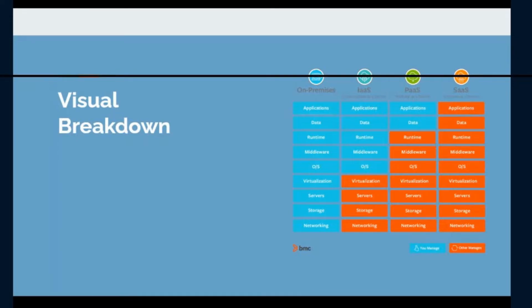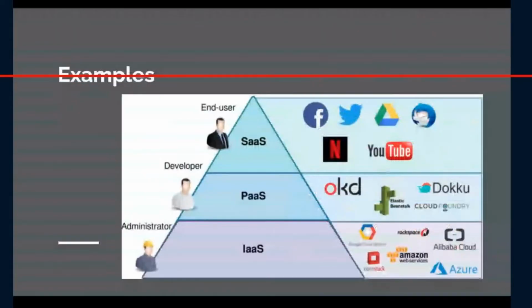For infrastructure as a service, you just need application, data, runtime, middleware, and operating system, and the others are already provided. Platform as a service, applications and data. And software as a service, everything is ready.